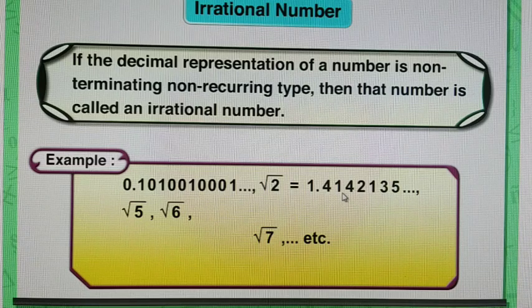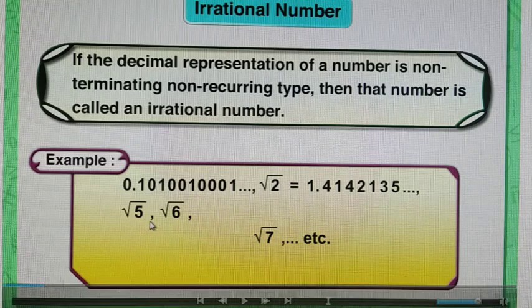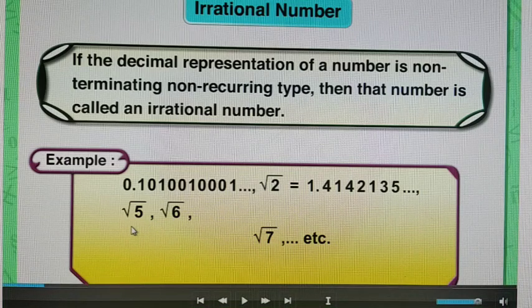So such number is called as irrational number. This is non-terminating and non-recurring number. Similarly, you can see another example, that is root 5, root 6 and root 7, etc. are all irrational numbers.